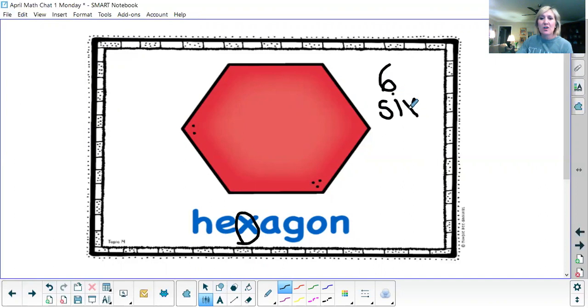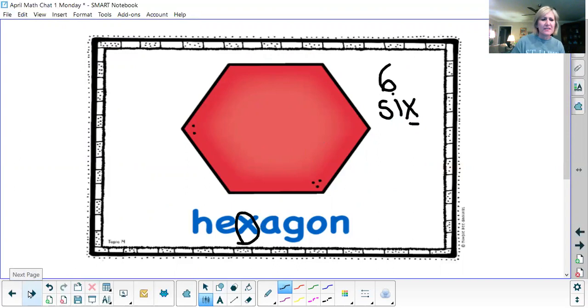Excuse my handwriting. And the number 6 also has an X in it. So that just helps me remember hexagon has 6 sides and 6 vertices. Okay, so that is just a little review for you.